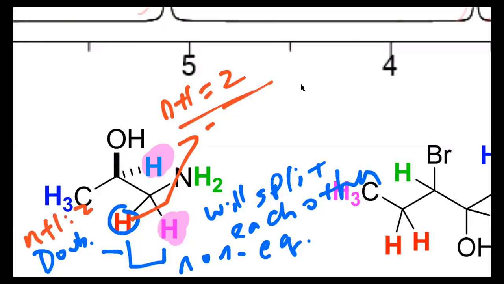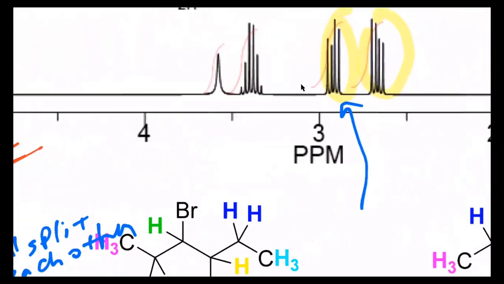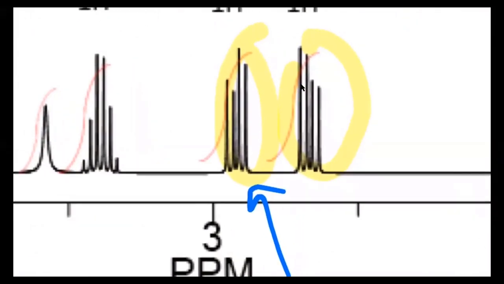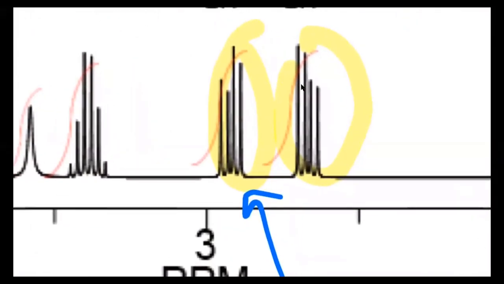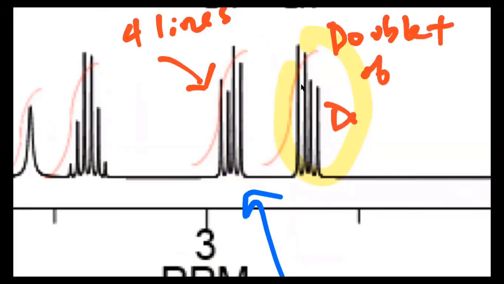So now let's go back to the signal. Can you see how that signal is 4 lines? But it's not a quartet, right? So we call this signal a doublet of doublets.